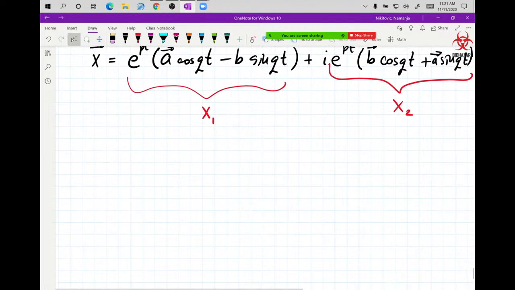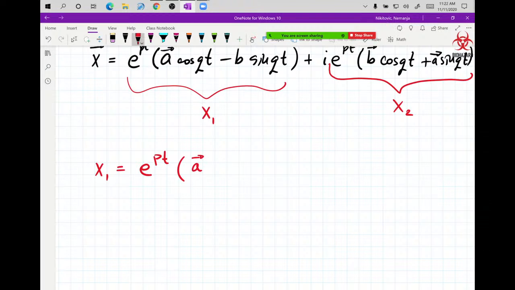So now technically those two solutions that you get to write for x1 and x2, your x1 solution, and I'm writing this in red obviously on purpose, is e to the pt, and now you have that column vector a of whatever amount of values you have, cosine qt minus vector b sine qt.